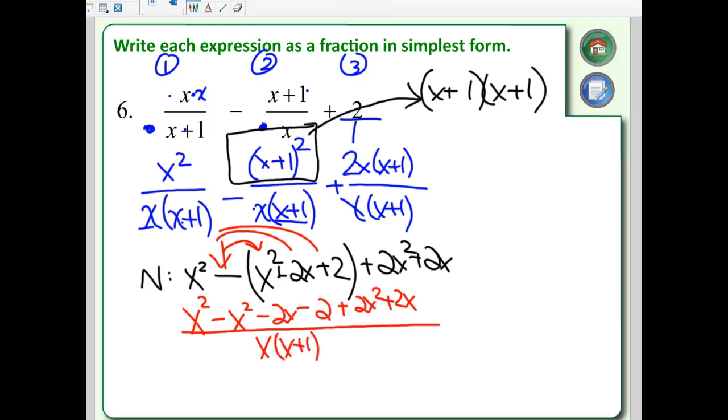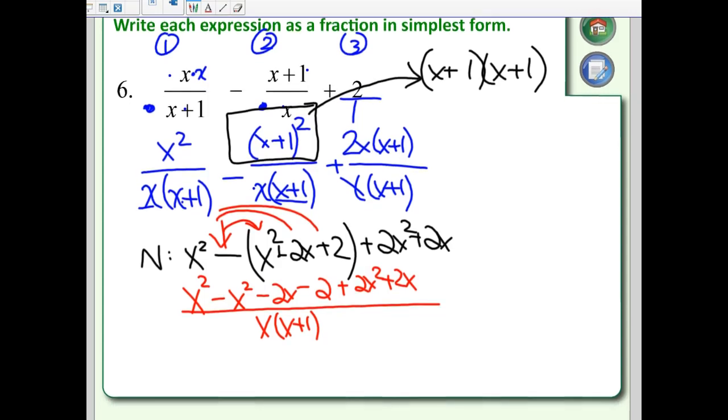Now, let's look at our numerators. What can I do? Okay, do you see some like terms we can put together? Yeah, good. X squared minus x squared cancels out, but we still got this 2x squared, so let's go ahead and bring him down here. And then if you notice, we've got negative 2x and positive 2x, so they cancel out, and I'm left with this.